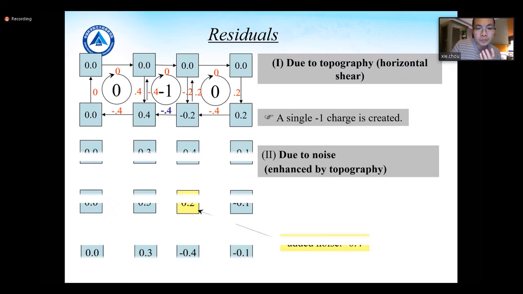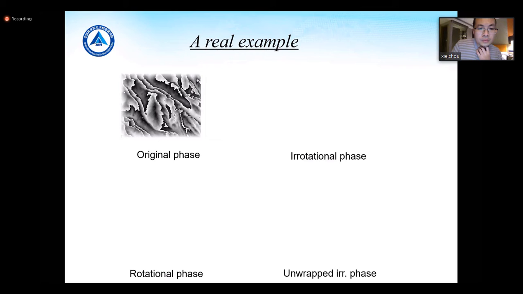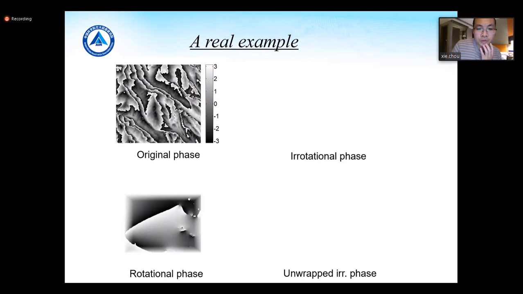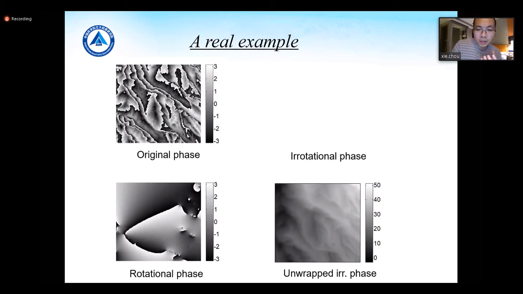Here we show a very simple example of how to do unwrapping. The first one is the original phase, and here we show the rotational phase.